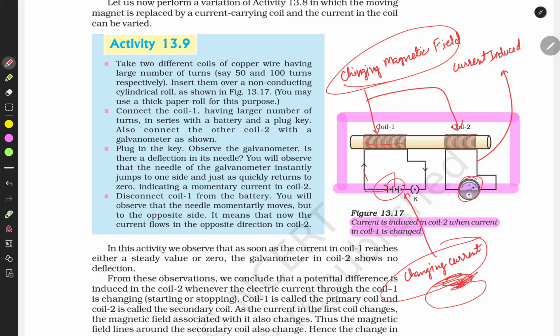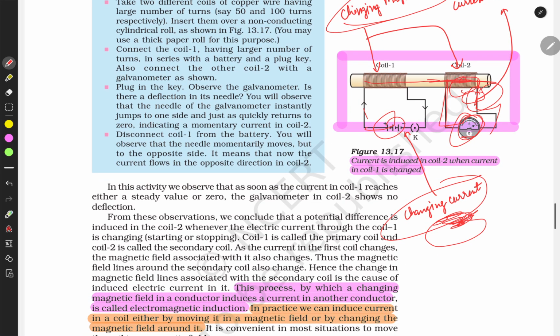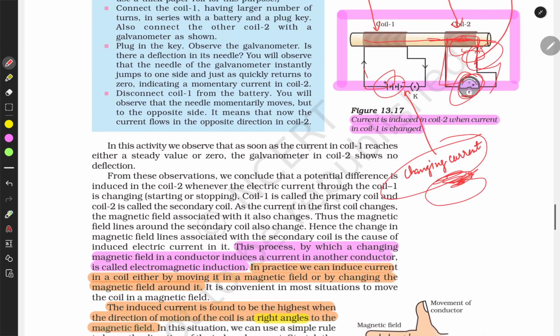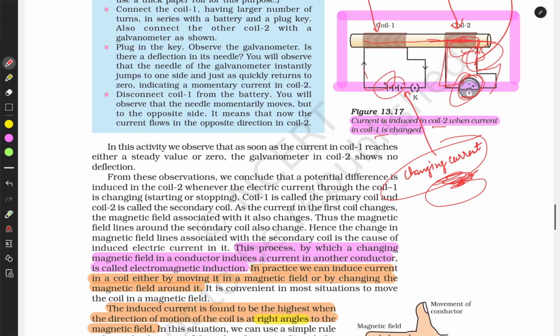This changing magnetic field travels here and induces a potential difference, and this potential difference makes a current flow in the second wire, in the second circuit. Here we are calling them the first coil and second coil.